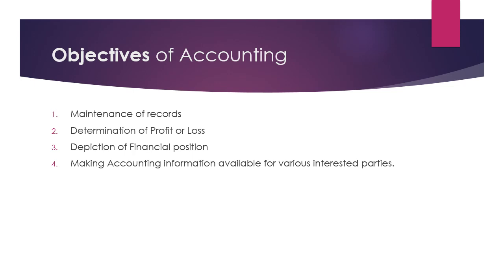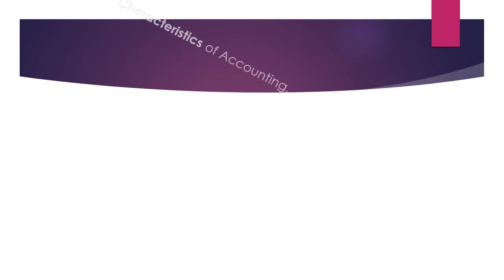The final objective of accounting is to make accounting information available to various interested parties. The results obtained from the records prepared, analyzed, and interpreted are communicated to the interested parties to help them in developing decisions.